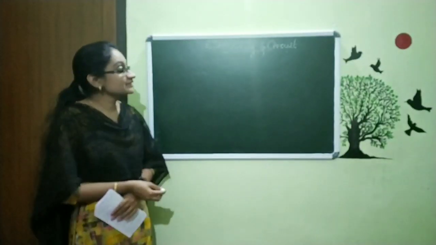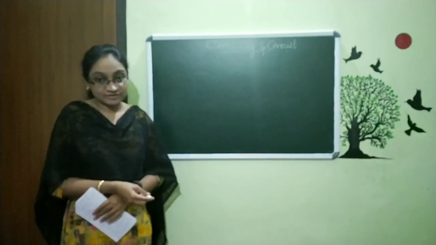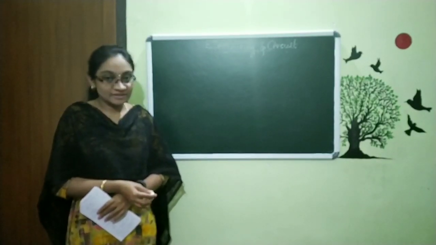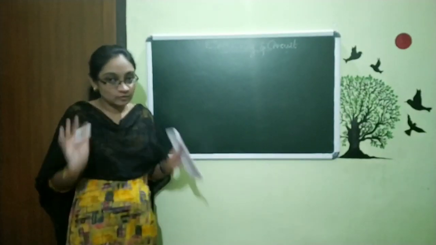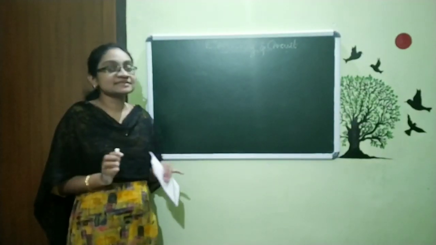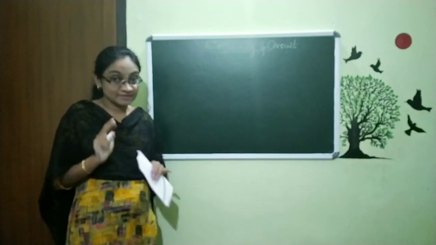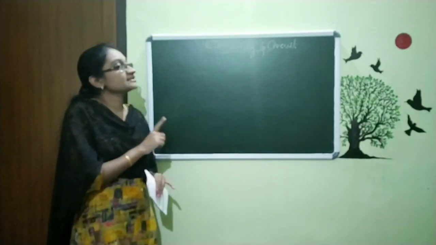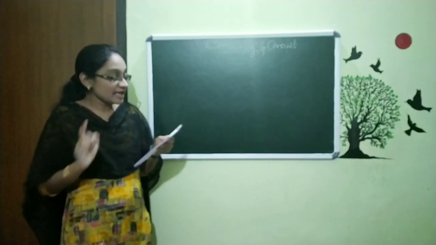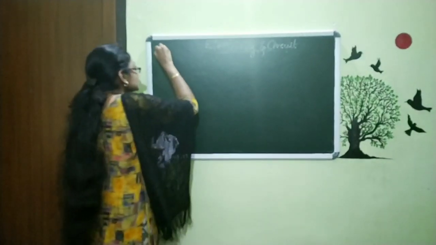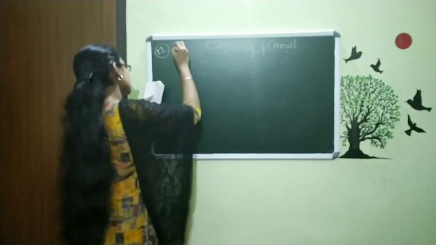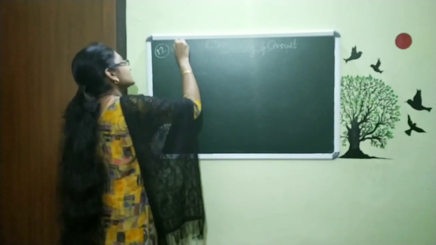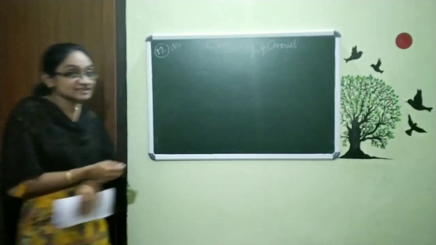Our chapter name is electricity and circuits. In the last class, we completed our chemistry chapter, and the chemistry portions are over. Now what is left is two physics chapters, and one of them is electricity and circuits. You can see this chapter, the 12th chapter, on page number 160.